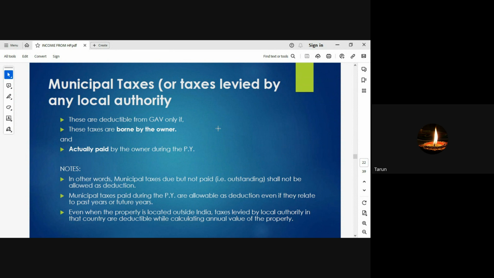So always remember, just as India has a right to deduct the taxes, if the property is in an outside country, the competent authority there has a right to deduct the taxes while calculating the gross annual value of the property. And the same rule is followed in India as well.